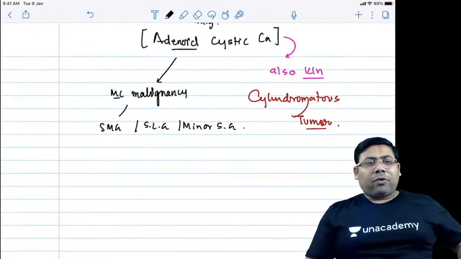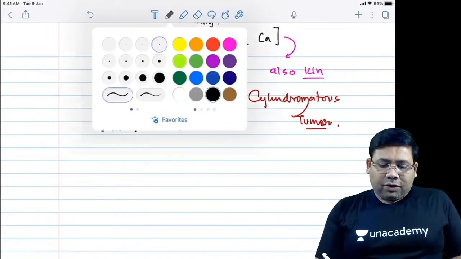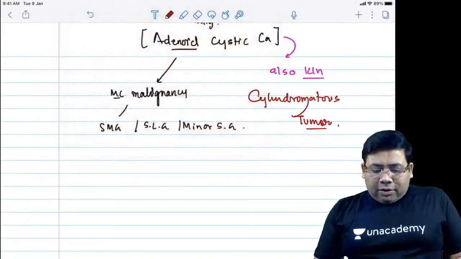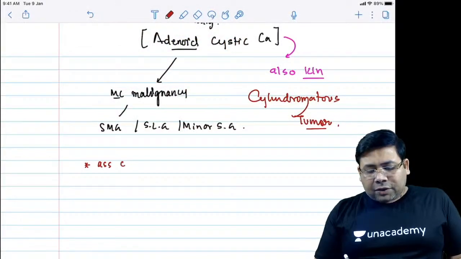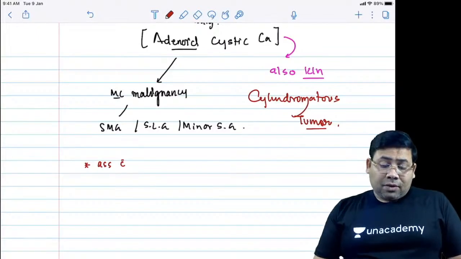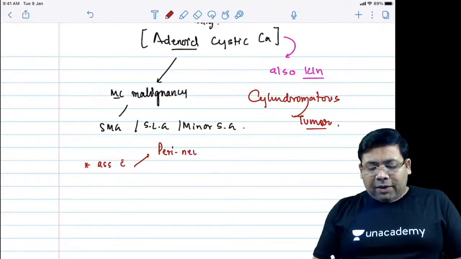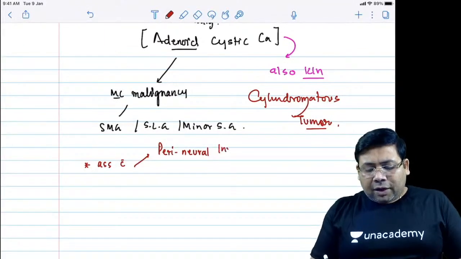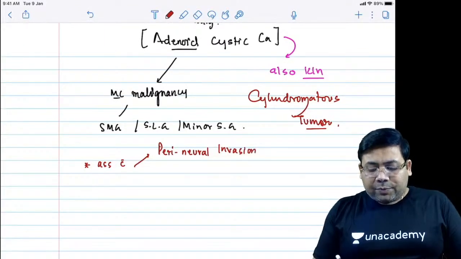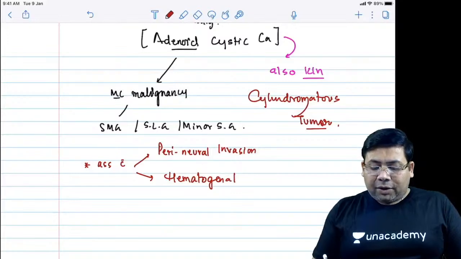What else is important? They are associated with two very important points which make it aggressive: perineural invasion and hematogenous spread. So they are known as very aggressive tumors because of their nerve invasion and hematogenous spread.